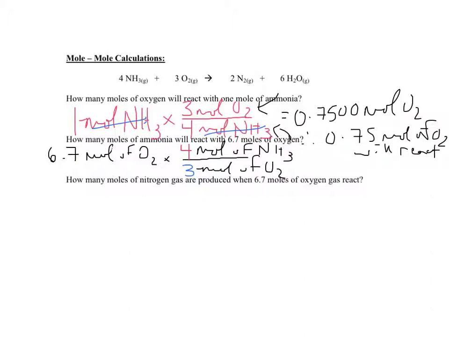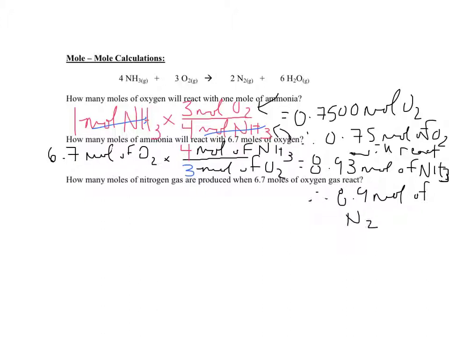And what I get out of my calculator is 8.93 continued, and that is moles of NH3. Sorry if that's a little messy, it's just hard at the side of the screen. Therefore, 8.9 mole of NH3 will react.